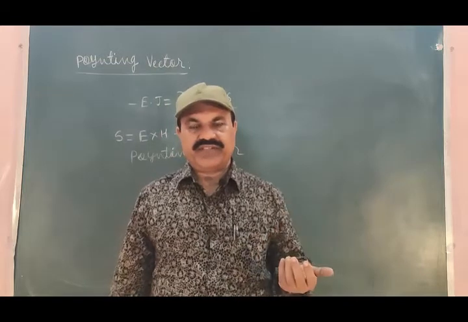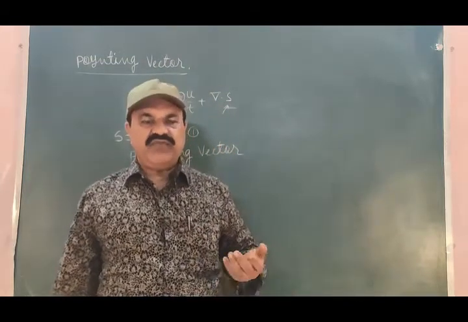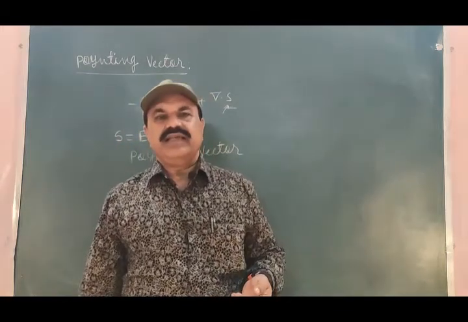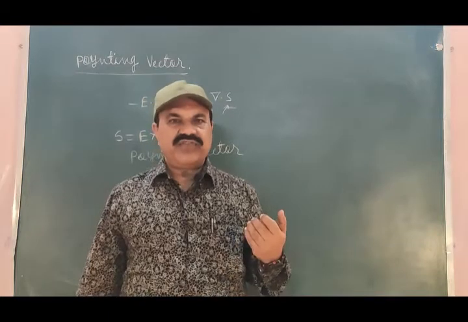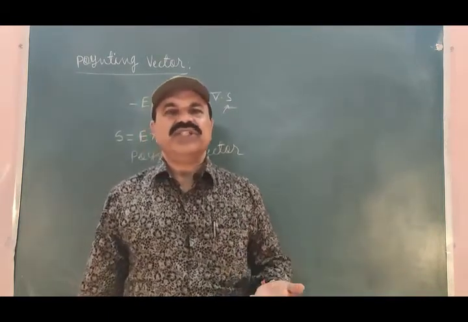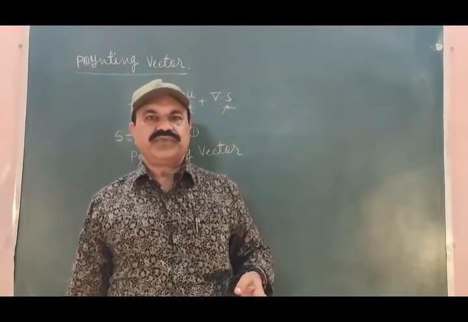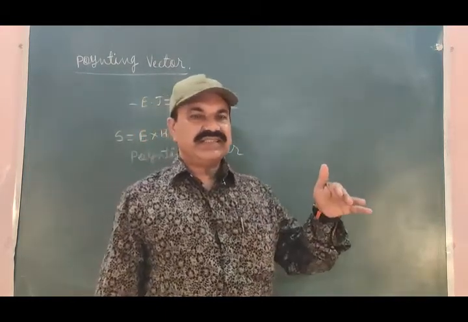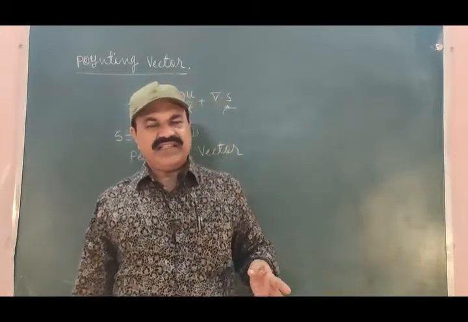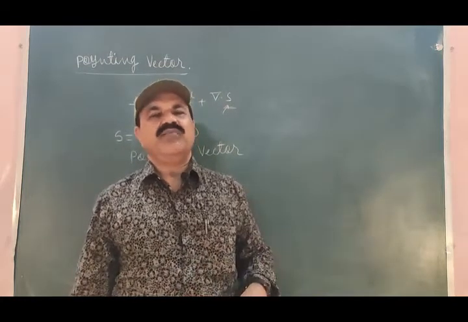When we find the intensity of light or the flow of light, the amount of light energy flowing is always found in terms of the square of the amplitude of either capital E or capital H. Capital E, the electrical component, capital H, the magnetic component.